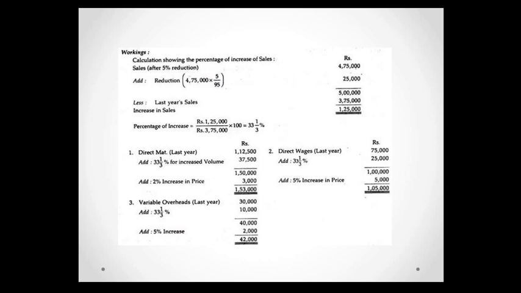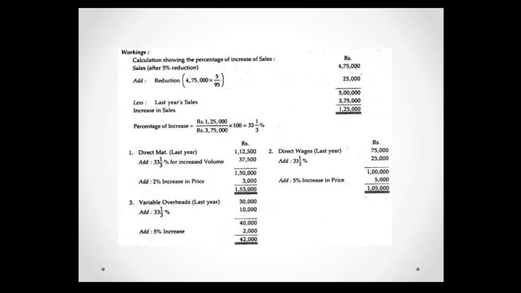That is, last year sales is 3 lakh 75,000, which has been given in the income statement, and this year the sales is 5 lakhs, and they are expecting a future sales of 4 lakh 75,000. Here we are comparing the last year sales and the percentage of increase. So it comes to 33 1/3%. This 33 1/3% should be applied in direct material also.